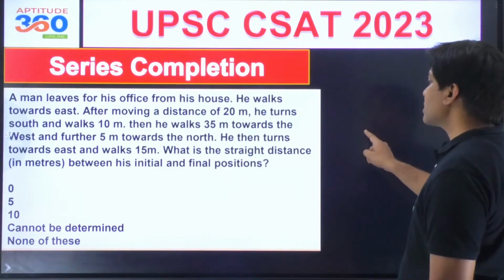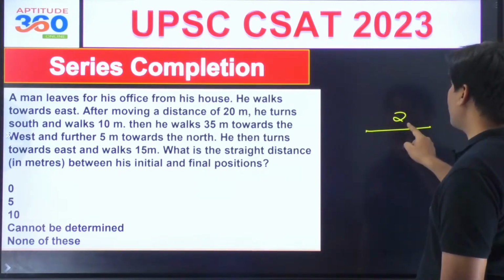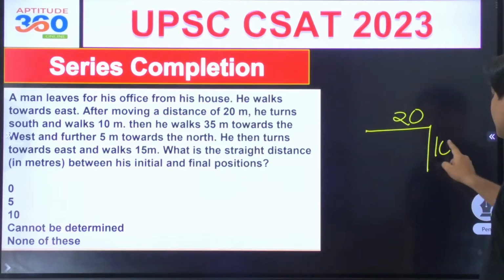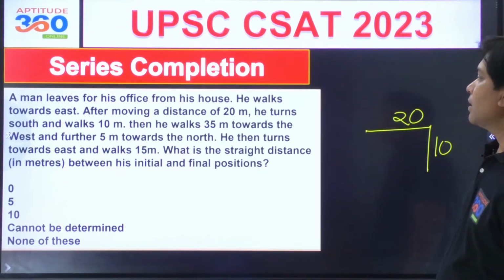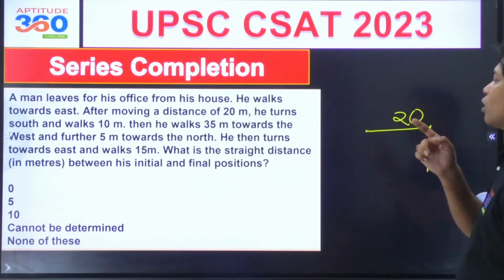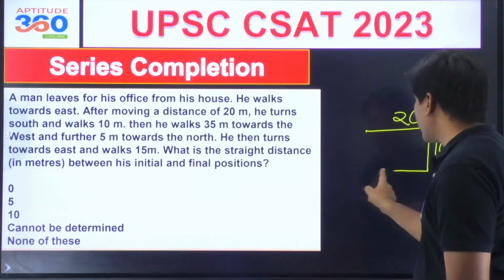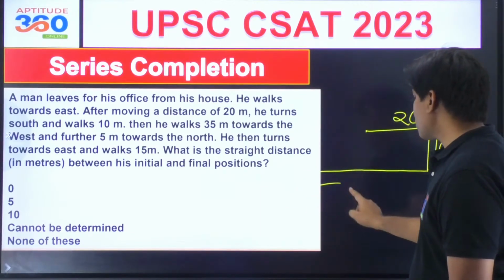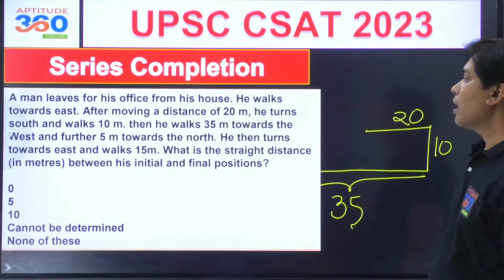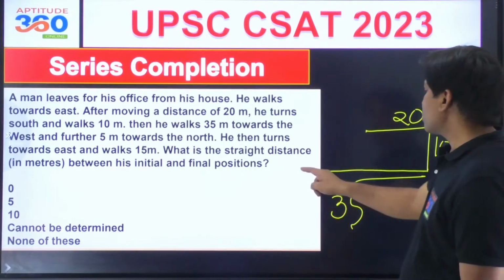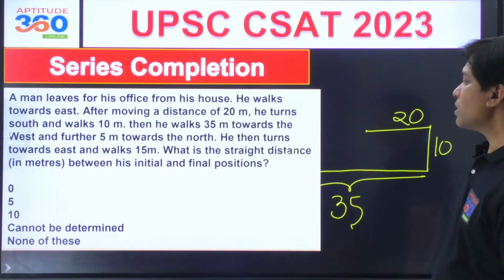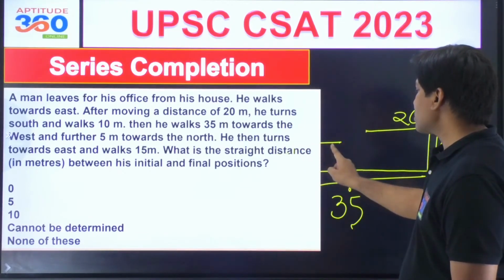He walks towards east, after moving 20, he turns south and goes 10. He then walks 35 towards west, so 20, and further this, so this total is 35, isn't it? And further 5 meters towards north. He then turns towards east and walks 15.